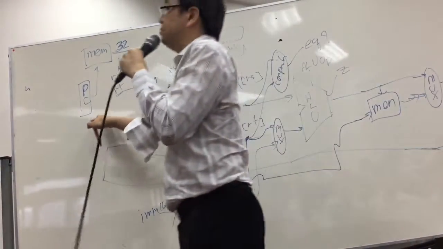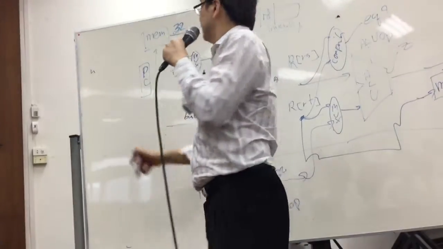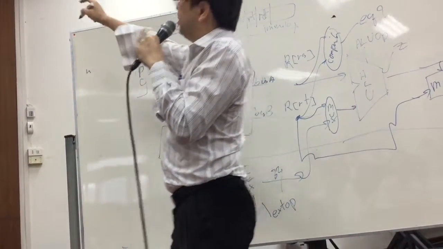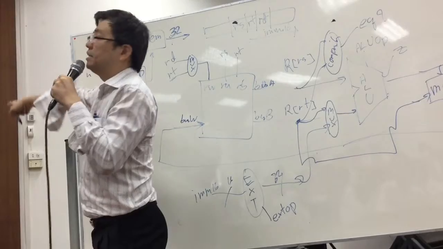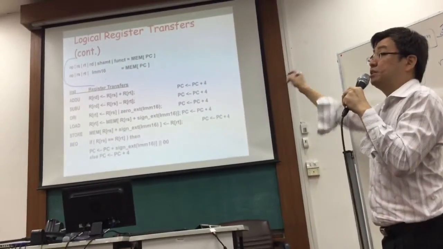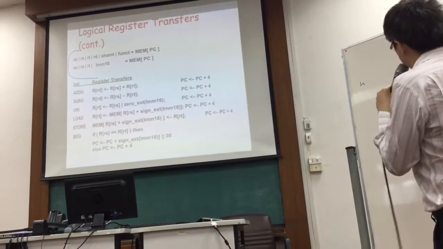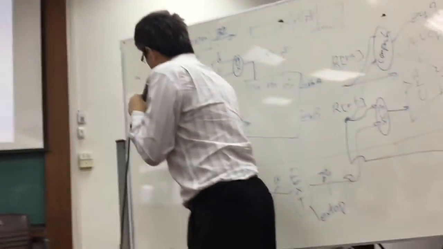Now we have to work with the PC. If you take a look at the right-hand side, normally we do PC equals PC plus 4. I didn't do that yet because if you want to do PC plus 4, this is what happens.